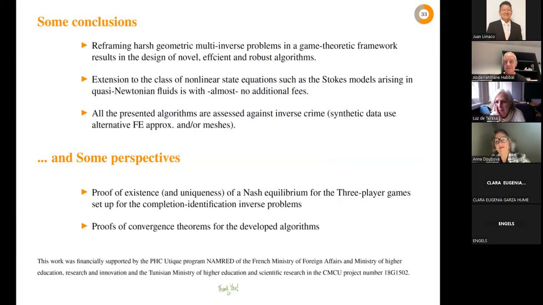We started this approach several years ago, and we kept ourselves within this static complete information Nash games. So in the non-cooperative case, this is only a class of games.